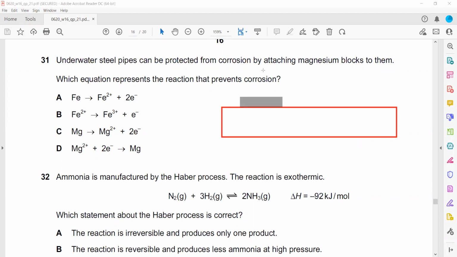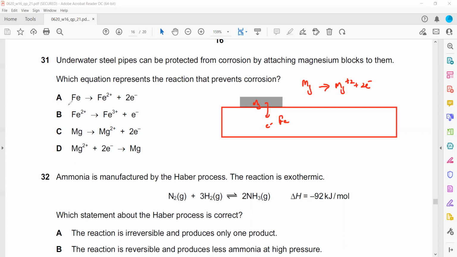Magnesium is more reactive than iron, so it will lose electrons and the electrons transfer to the iron surface. Because what is the tendency of the more reactive metal? Metals tend to lose electrons, but a more reactive metal tends to lose electrons easily. And magnesium belongs to group 2, so it will lose 2 electrons.